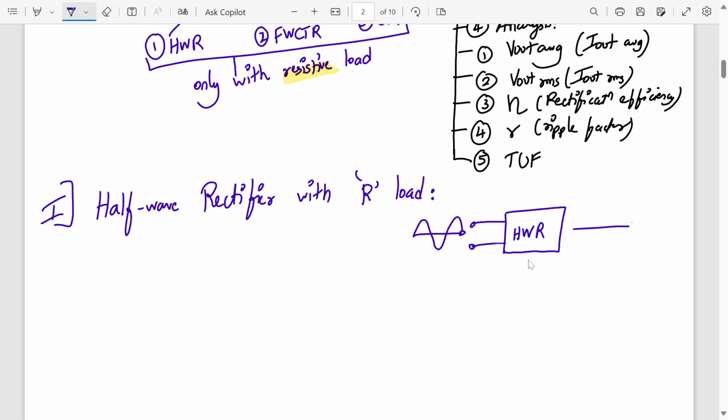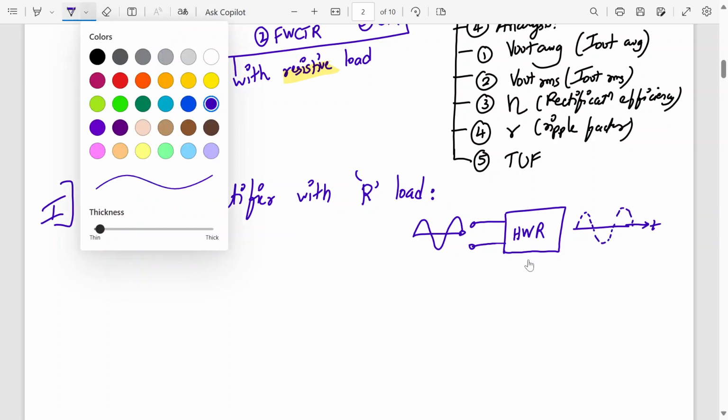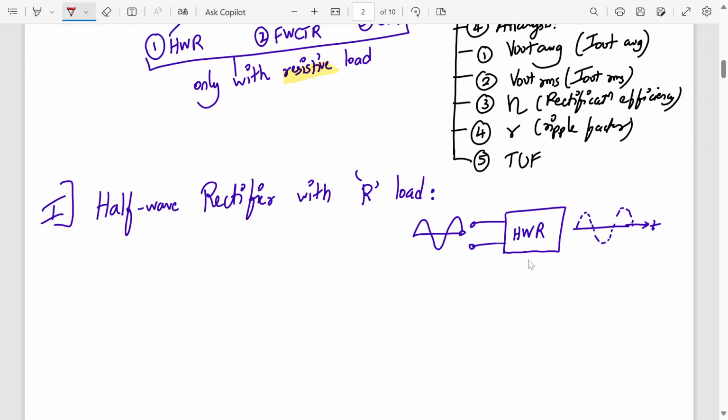What it will do is, only half the cycle it will rectify, the remaining half will be grounded. So the output of this half wave rectifier will look like this. Only when it is positive half cycle it will follow the input, for negative half cycle it will be 0. So this is the half wave rectified output, and we have to analyze this part. This is what a half wave rectifier does.